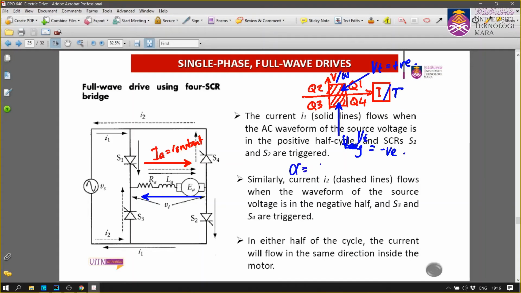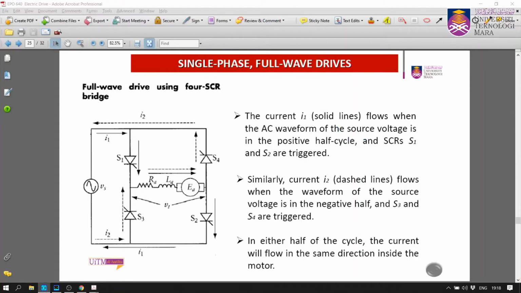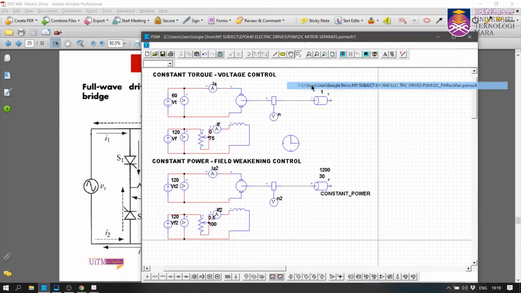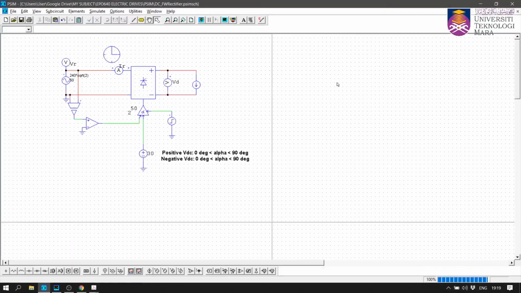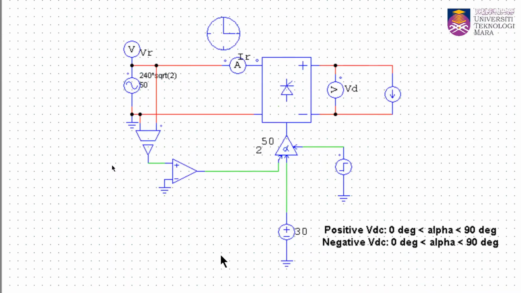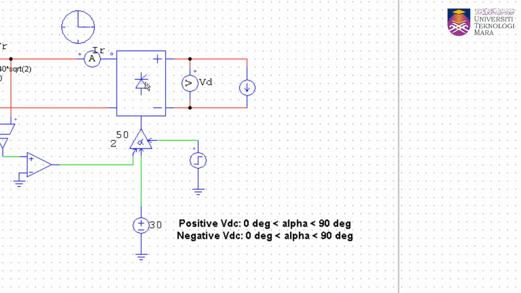I'm going to show you some simulation just to recap what we did in Powertronics. Just look at the simulation here. We call this a controlled rectifier.